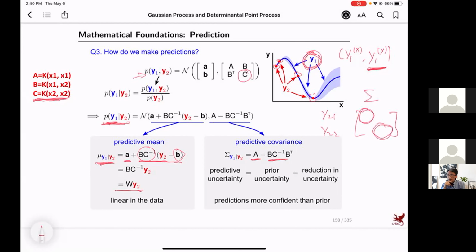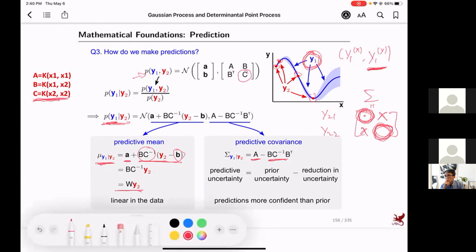I'm writing out the covariance function here. If they are different, their own differences will be captured by their own part of this covariance matrix. And the interdependency between y21 and y22 will be captured by these two parts. So we just assume jointly they are a Gaussian, but they could have very different covariance from this part to this part.